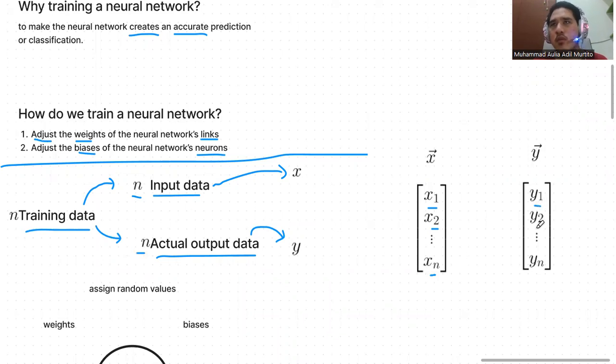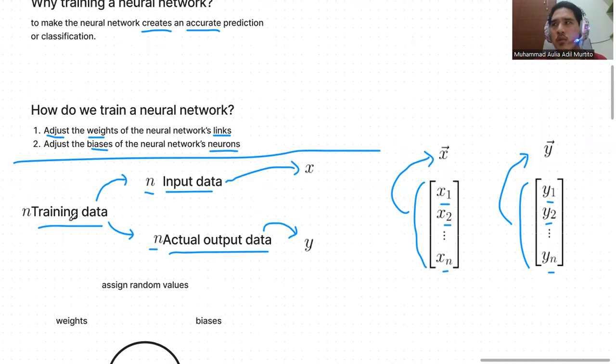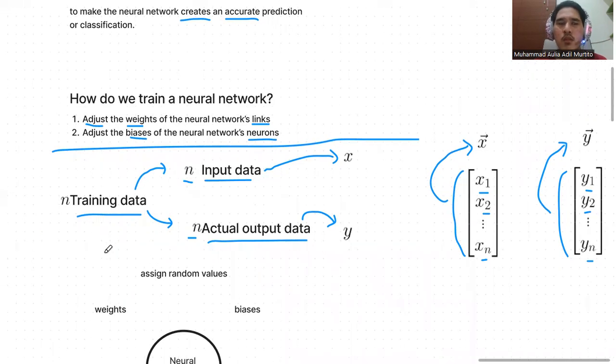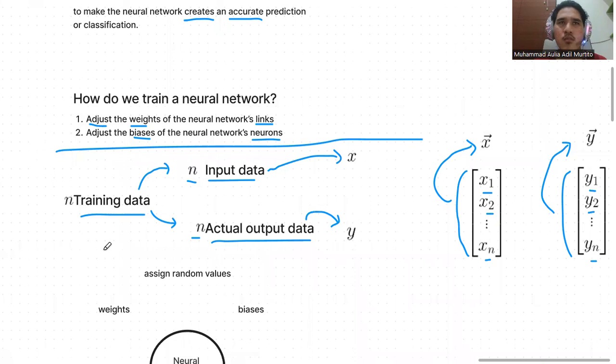The same goes for y: y1, y2, up to yn. Now, this data is a list, and we could represent it as a vector. So this is vector x, and this one is vector y. Training data is the most important material for training a neural network, and we already assume that we have a training data.